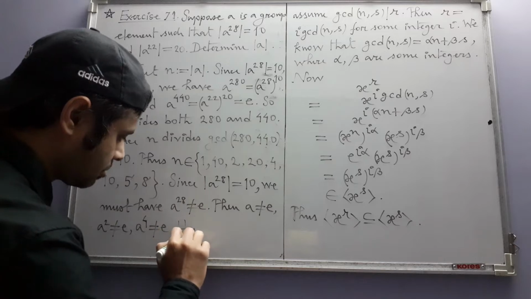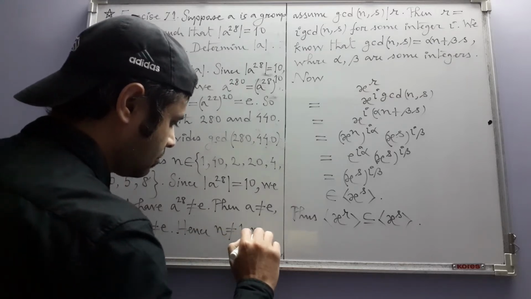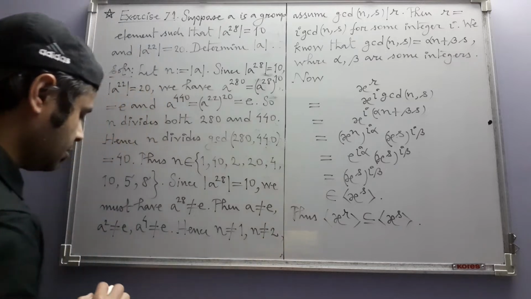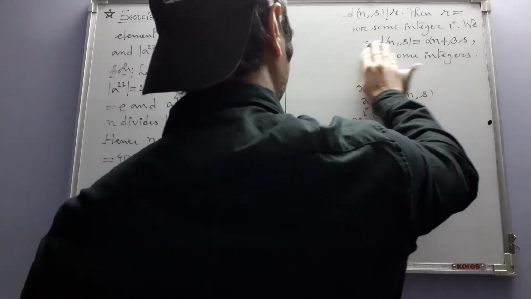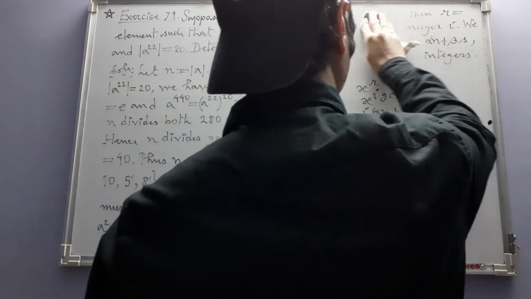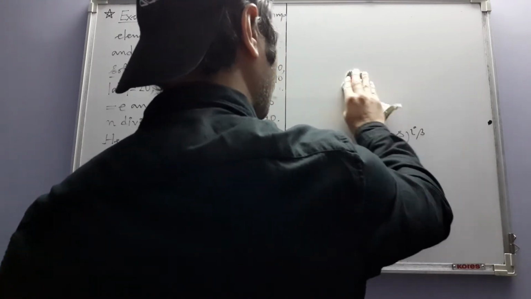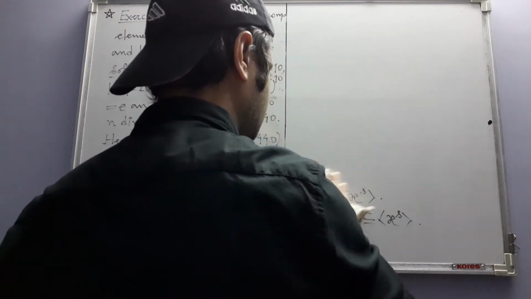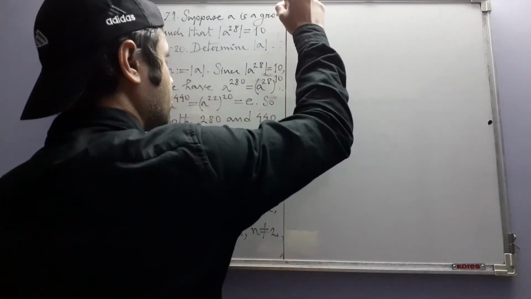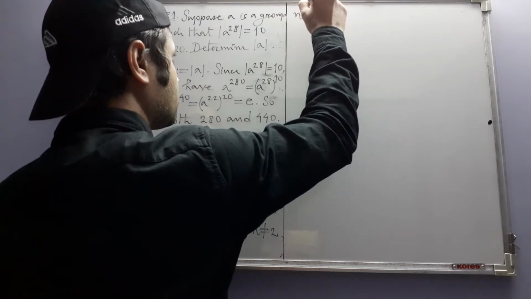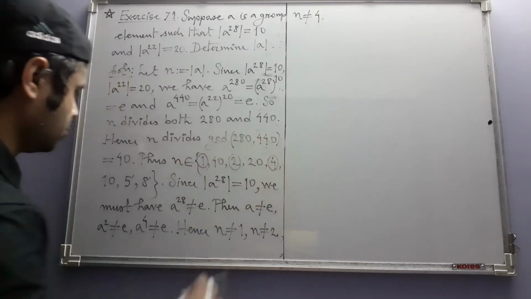Hence, n is not equal to 1, n is not equal to 2, and n is not equal to 4. Okay, so we have ruled out 1, 2, 4.